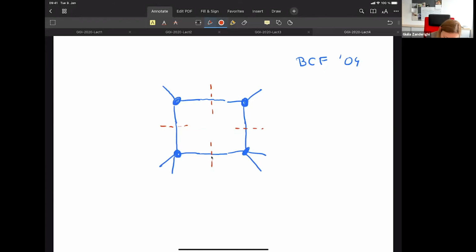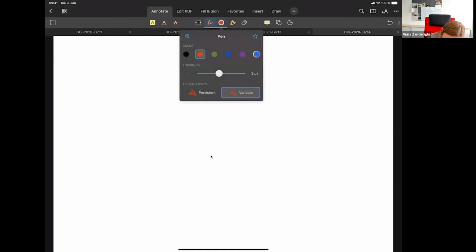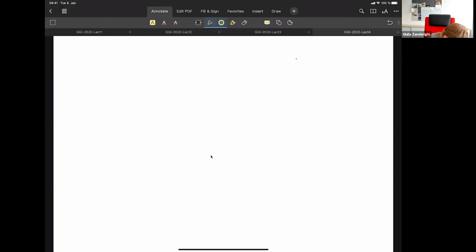But it didn't allow you to compute the full result. The second was a really neat observation by the so-called OPP method, in 2006. This is Ossola, Papadopoulos, and Pittau.